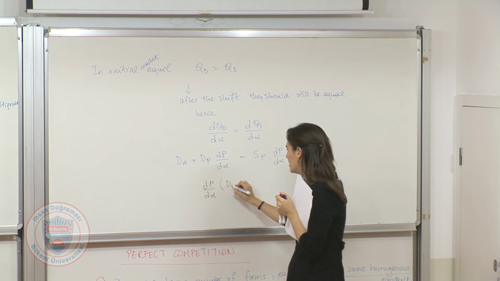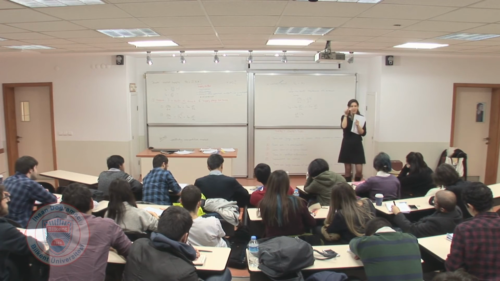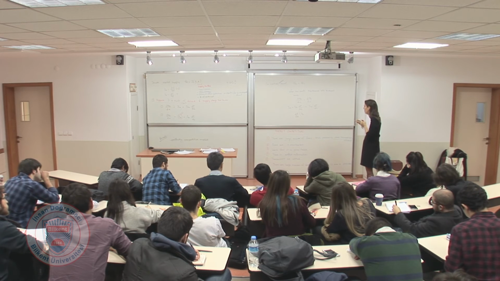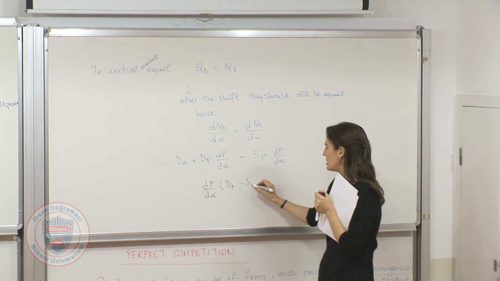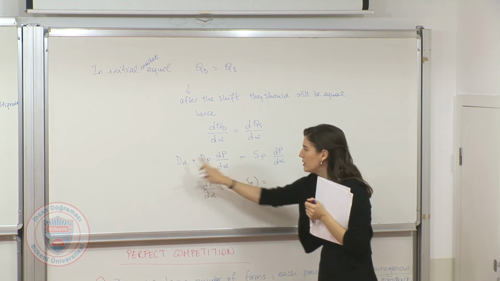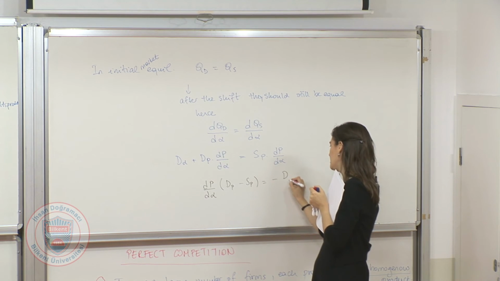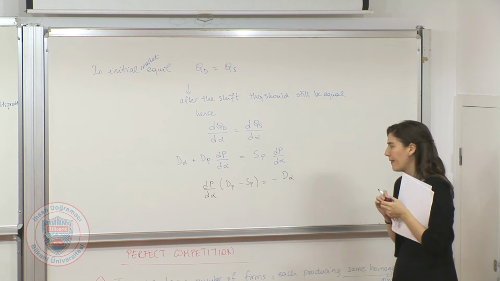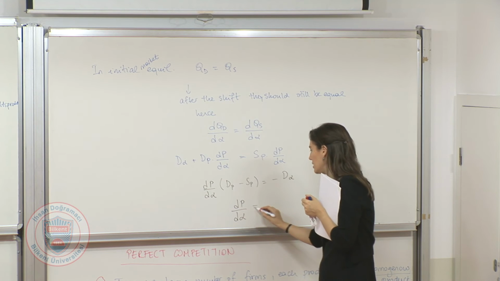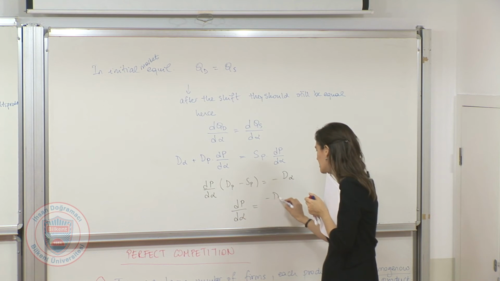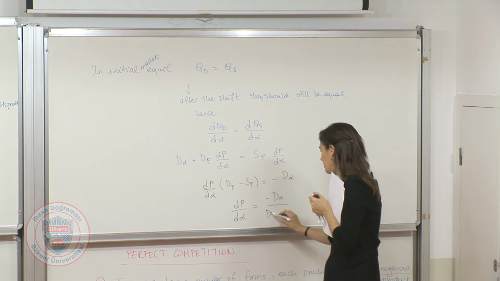Here I write the derivative of the demand with respect to P, minus the derivative of supply with respect to P, and then I put this on the other side, minus dQd/d alpha. Then dP/d alpha is going to be minus dQd/d alpha over dQd/dP minus dQs/dP, okay?